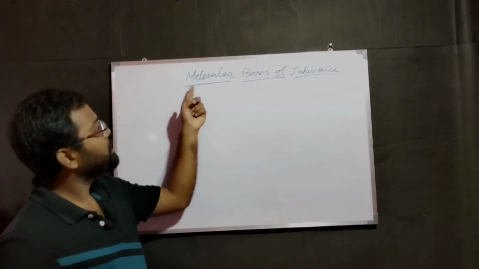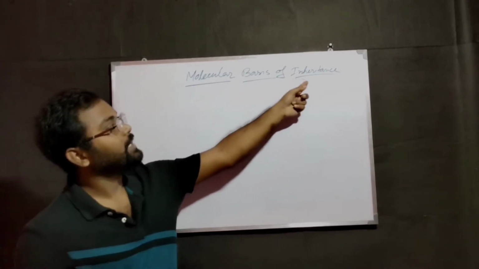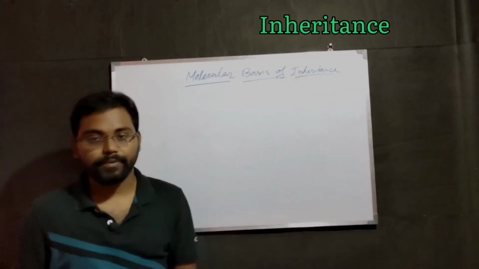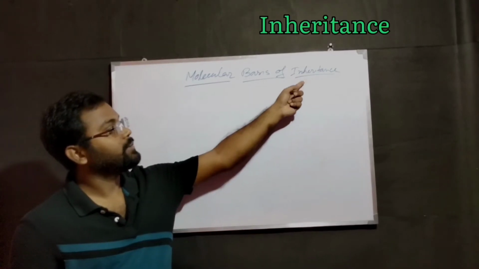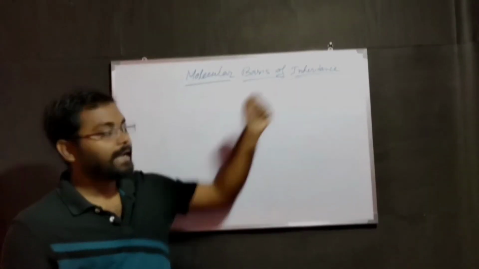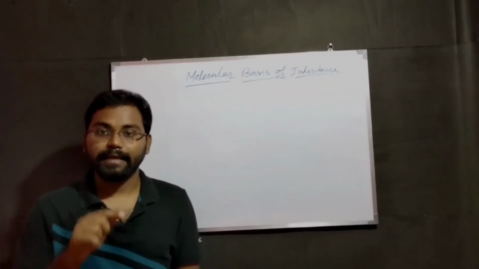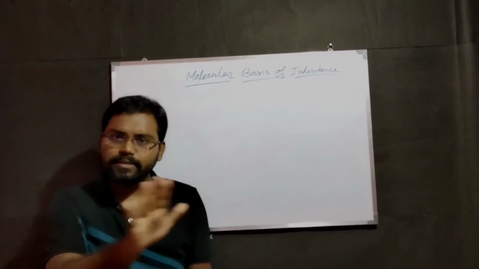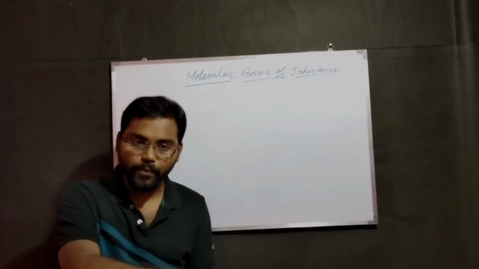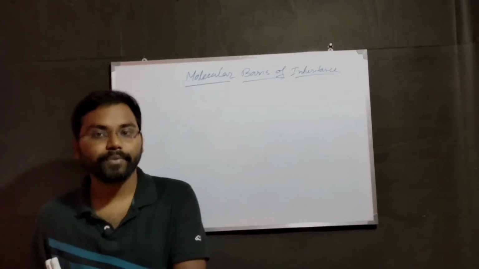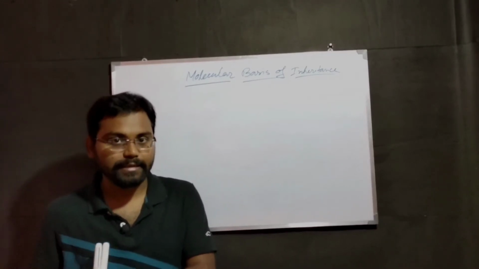The name of the chapter is the molecular basis of inheritance. What is inheritance? We need to know the term first. Inheritance is the process in which characters are passed from one generation to another, from parent to their offspring, their child.